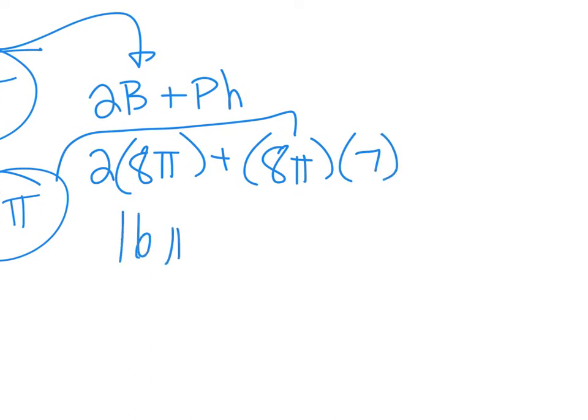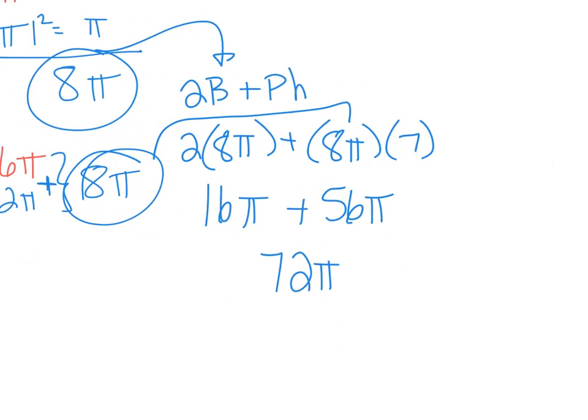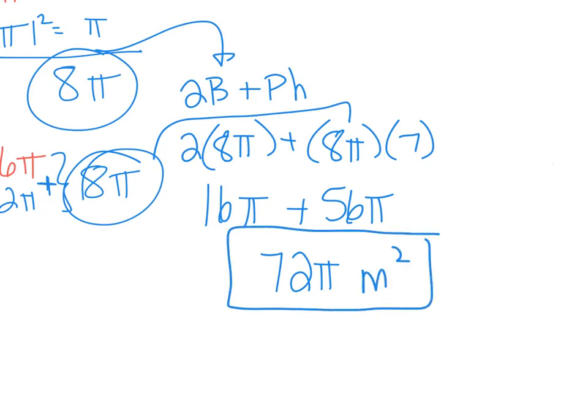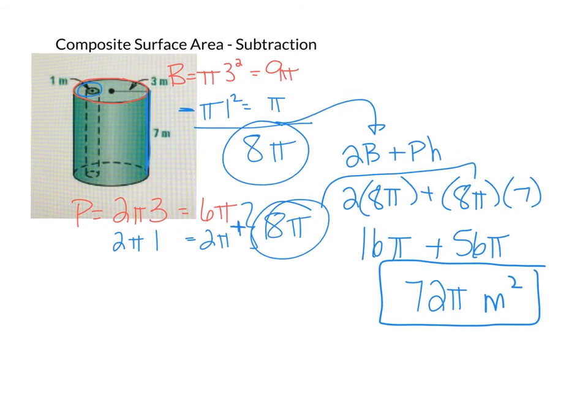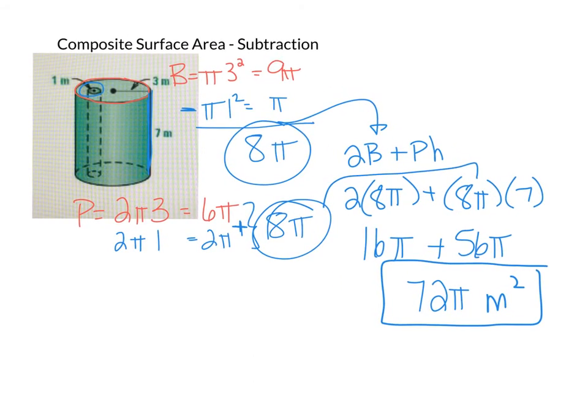So 16 pi plus 56 pi is 72 pi, and our units are meters, so square meters. Okay, base area you subtract, base perimeter you add, to get one formula. Since it's one picture, there's one formula for this surface area stuff.